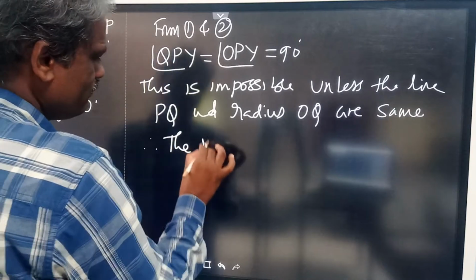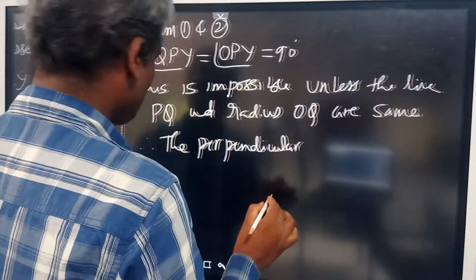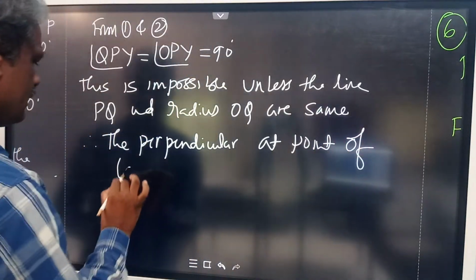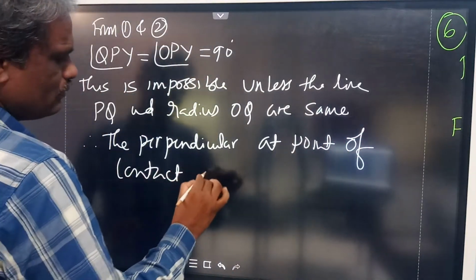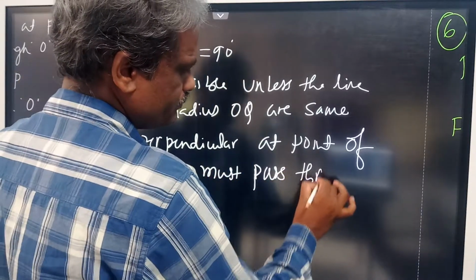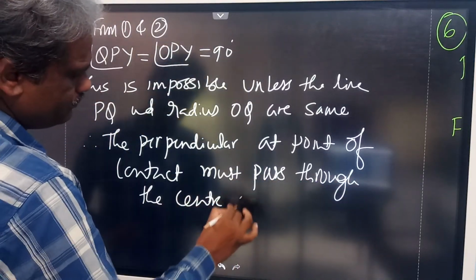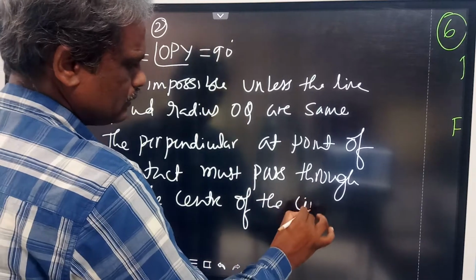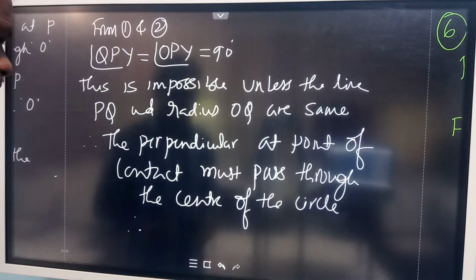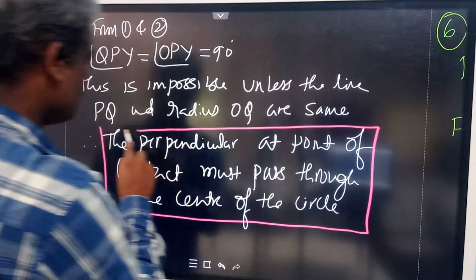The perpendicular at the point of contact must pass through the center of the circle. So that means PQ is perpendicular to XY or OQ is perpendicular to XY. This is what we wanted to prove here. This is the proof.